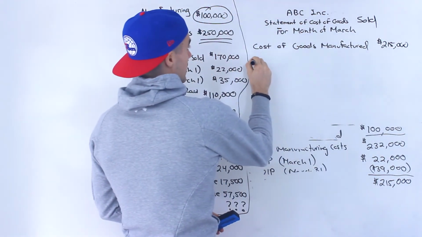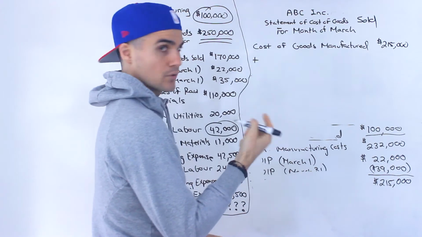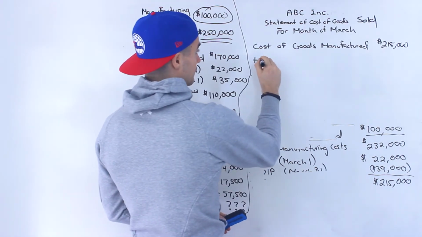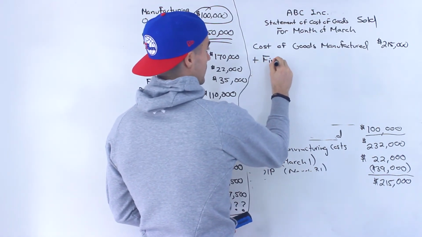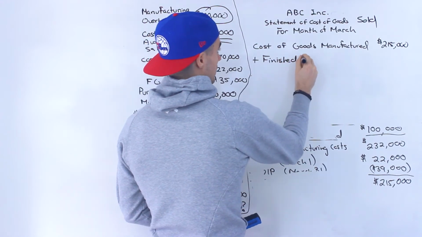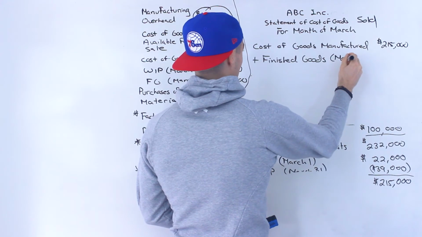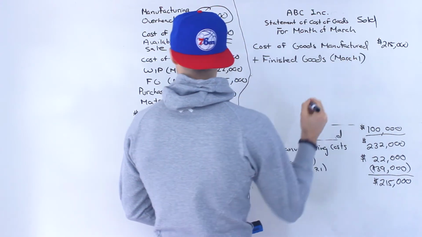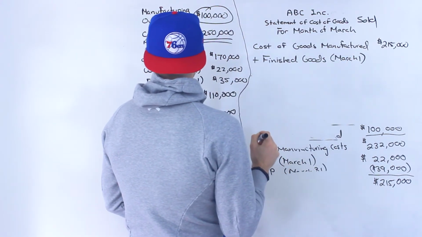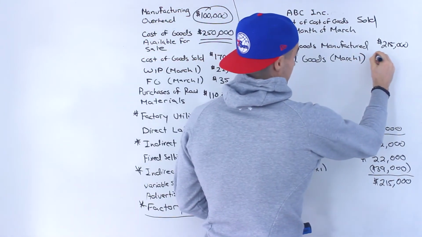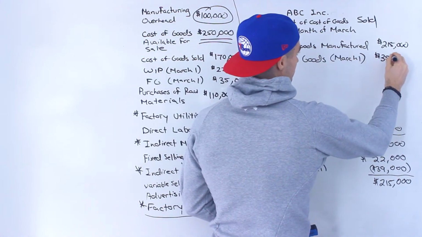And then what we do is we add, what do we add? We add the beginning finished goods. So we add the finished goods at the beginning of the period, which was on March 1st, which was 35,000.